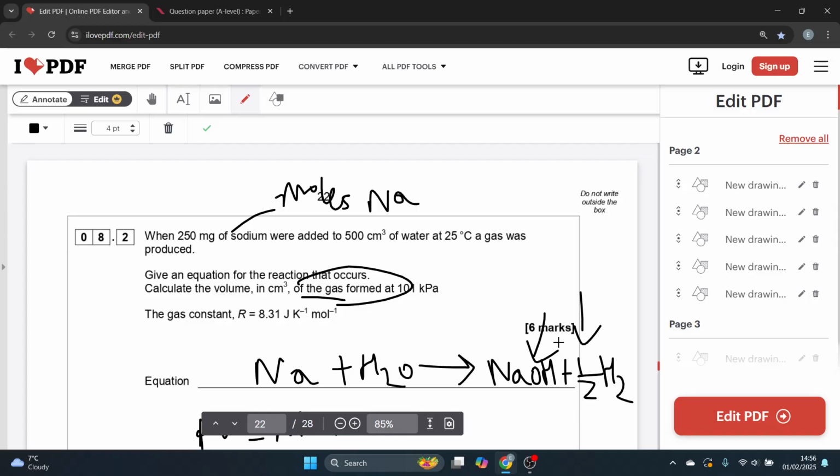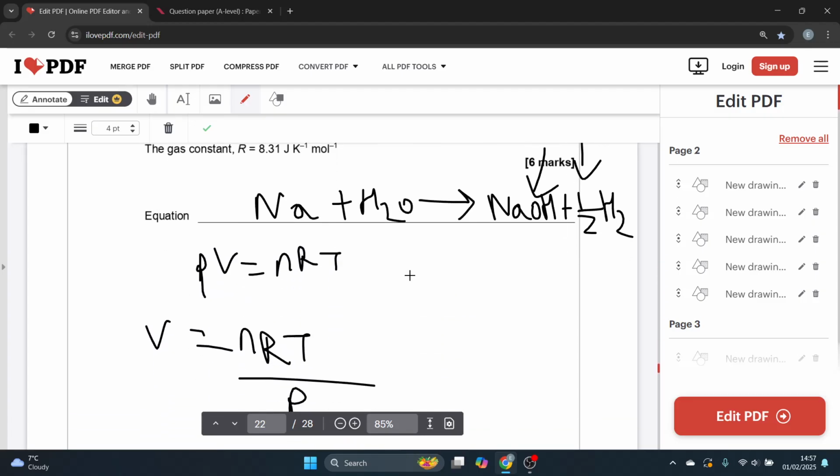Actually, maybe that's a solution, isn't it? Yeah, the gas formed is the hydrogen. So moles of sodium is going to be 250 grams times 10 to the power minus 3 divided by the molar mass, 23, 0.0109, and therefore the moles of hydrogen is going to be 0.0109 divided by 2, 5.45 times 10 to the power minus 3.